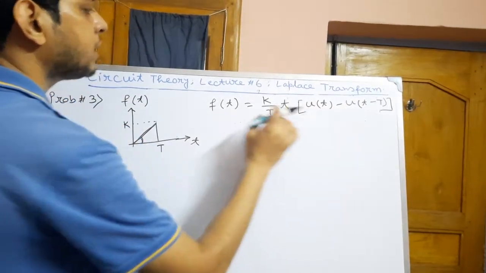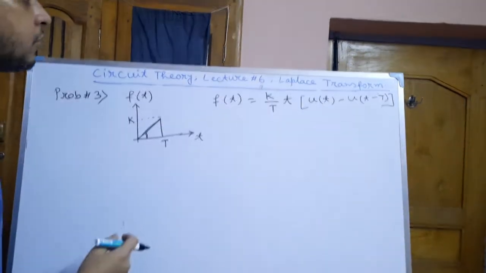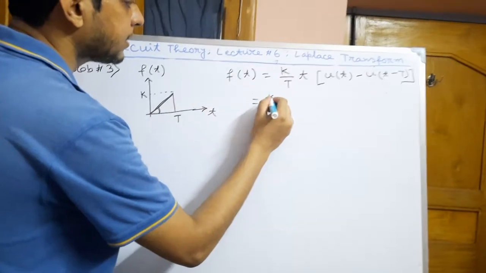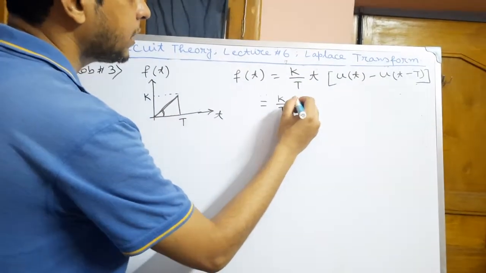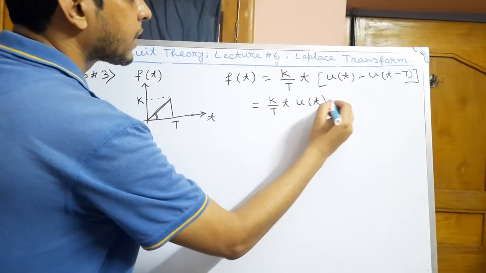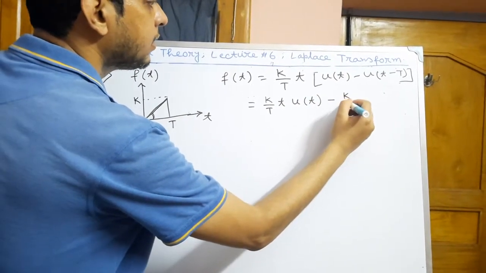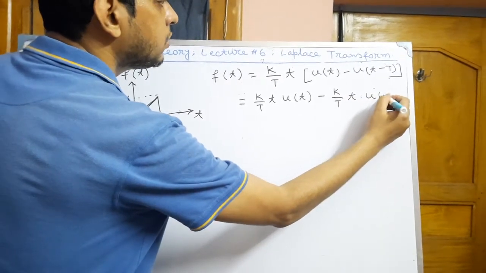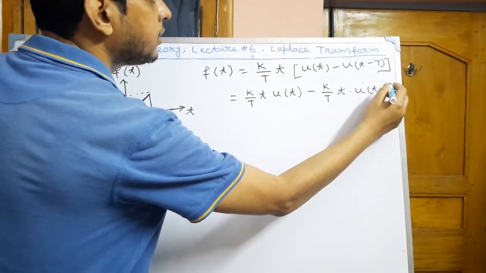So we have to determine the Laplace transform of this one. Now let us simplify this. This is equal to k by T into t u(t), minus k by T into t u(t minus T).